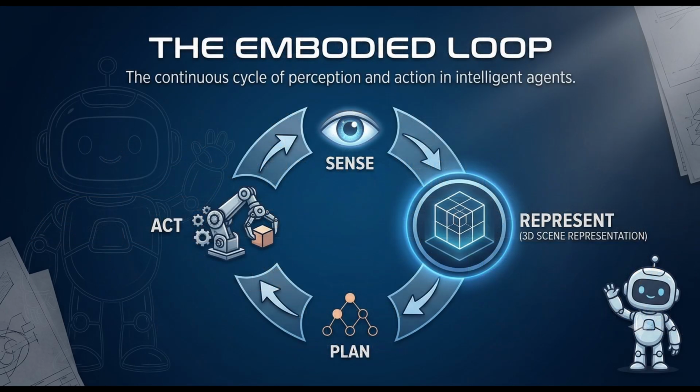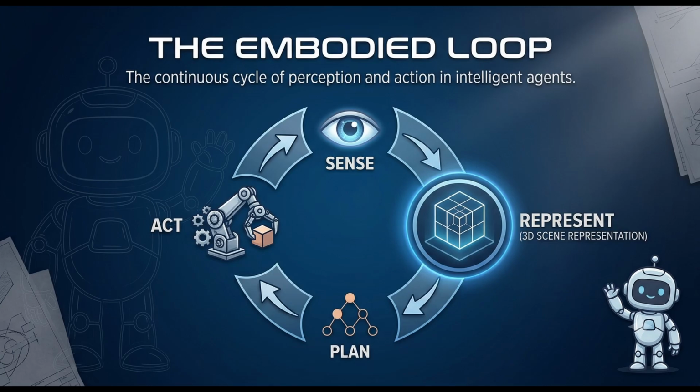What is an embodied agent and why 3D? Let's define our terms, because embodied agent gets thrown around loosely. An embodied agent is any AI system that has a body, real or simulated, and has to perceive and act inside a physical, 3-dimensional world.